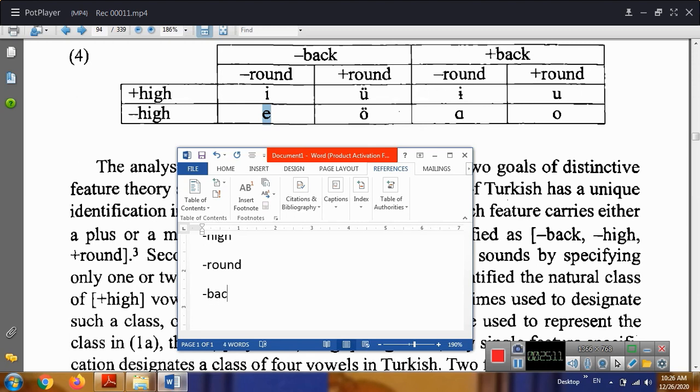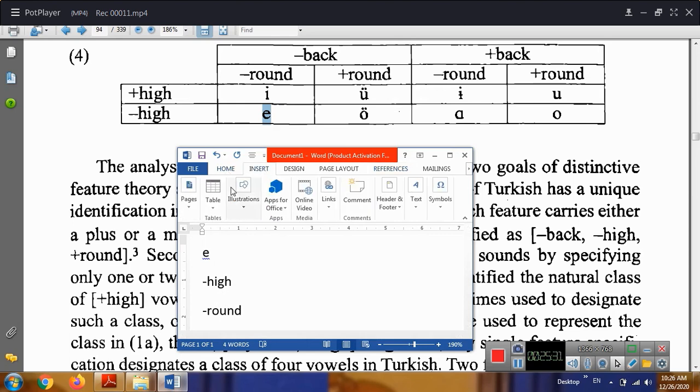When Turkish linguists see such features, that the vowel is minus high, minus round, and minus back, he or she says that it is the distinctive feature of A, and we should have a square bracket here.